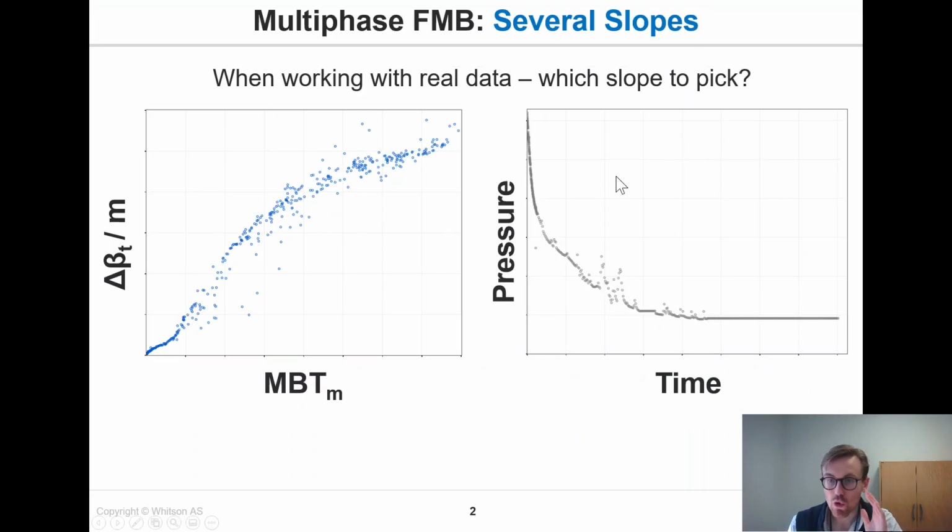Okay, so the gray dots here, that's the bottom hole pressure versus time, so that's measured data, and the plot to the left is essentially just made up by PVT and production data, and of course it leverages bottom hole pressure versus time.